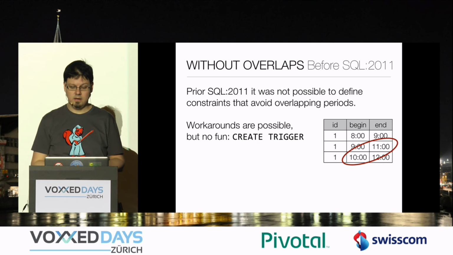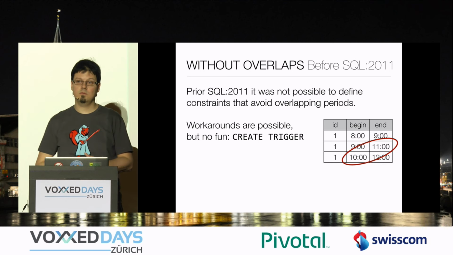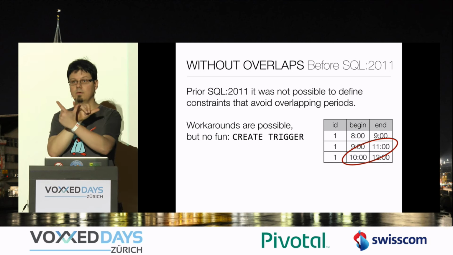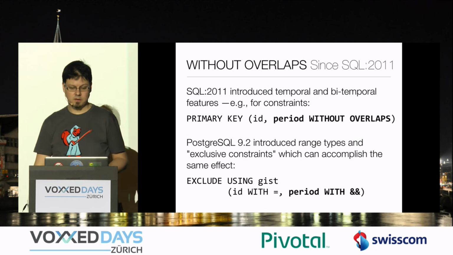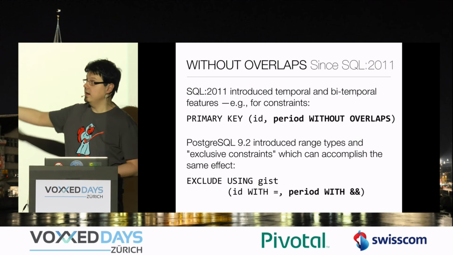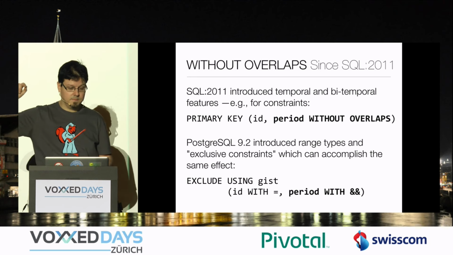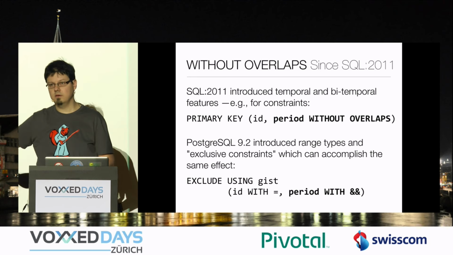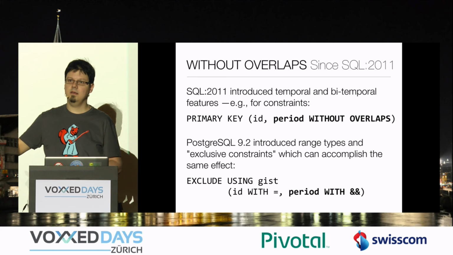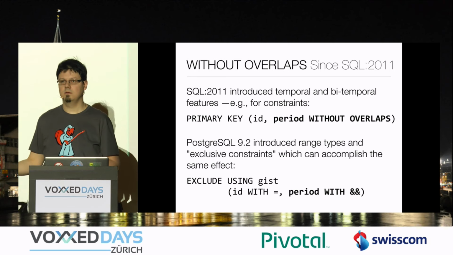Like here, the one entry is valid from 9 till 11, and the next one starts already at 10, so there's an overlap. And the answer of SQL 2011 is that you can define the primary key like shown in a few seconds. So you can actually use this period which you have defined, and you can say this period shall not overlap, and you are done.